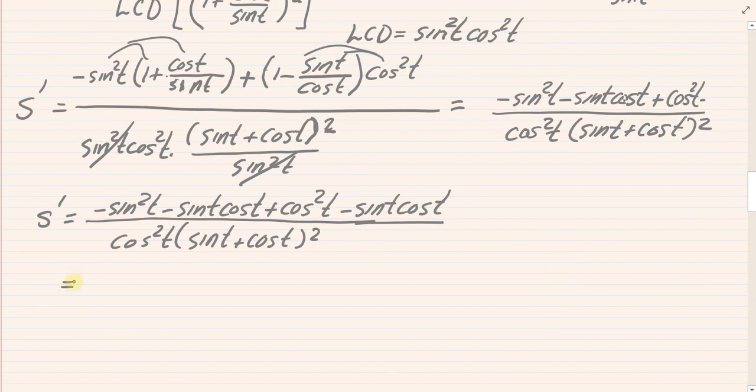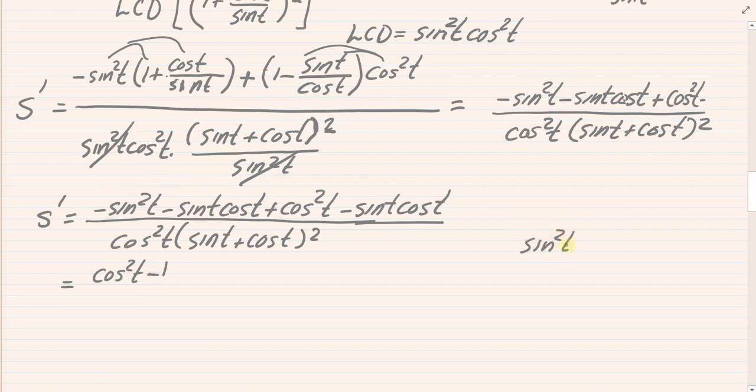And here's why. We have sine squared t. I can write negative sine squared t as just cosine squared t minus 1. And that's using the Pythagorean identity.